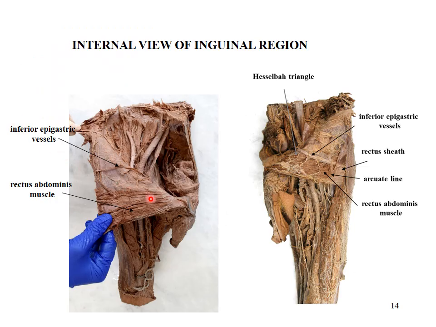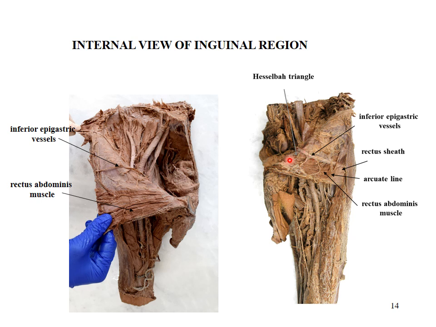In the internal view, this is the posterior wall of the inguinal canal. This posterior wall is the transversalis fascia, and here is the opening, the deep inguinal ring. These are the inferior epigastric vessels, which cross the posterior wall of the inguinal canal, and medial to these vessels is Hesselbach's triangle. The lateral margin of this triangle is the inferior epigastric blood vessels.